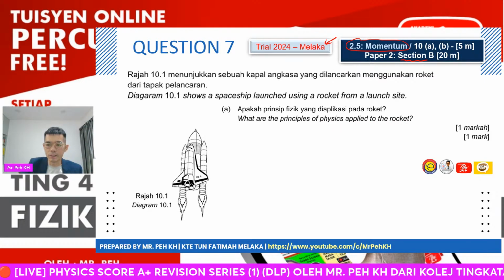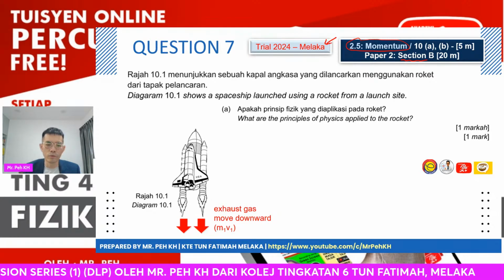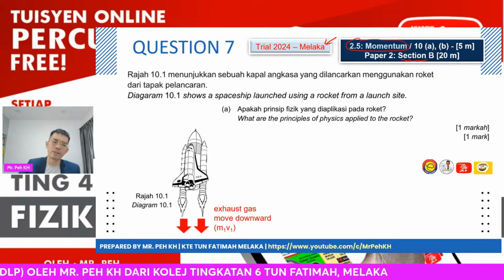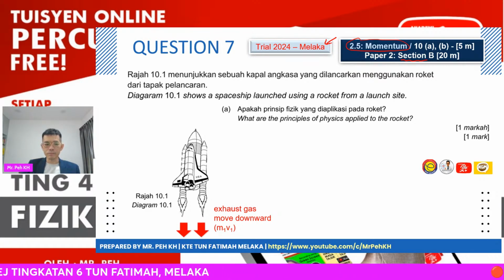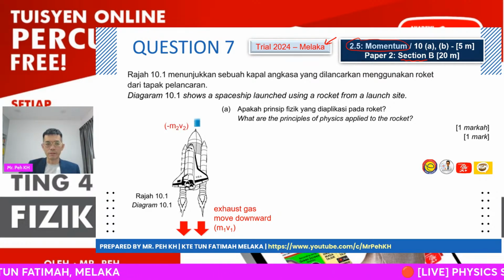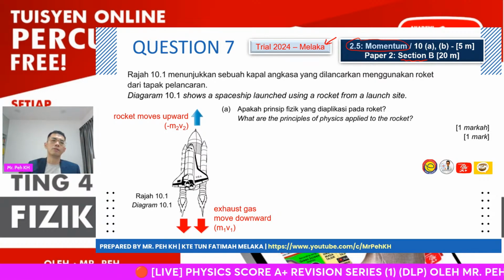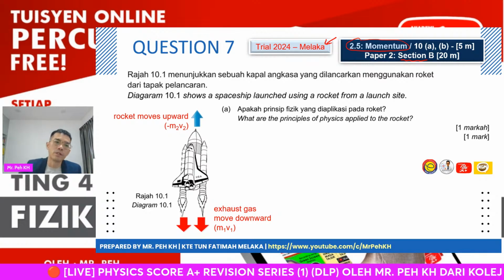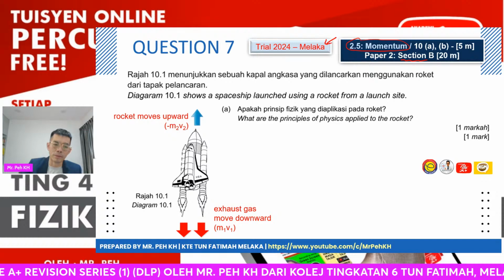This is 1 mark. Here you can see the exhaust gas moves downward, which creates downward momentum, mv. At the same time, the rocket will be moving upward. So you can see momentum of the same magnitude but opposite direction is created.